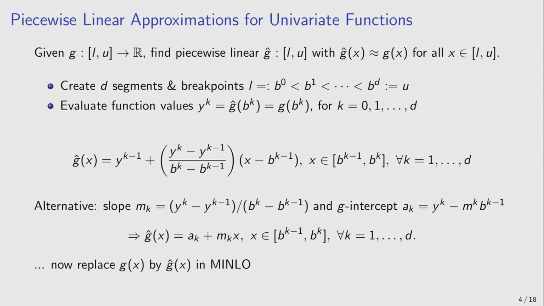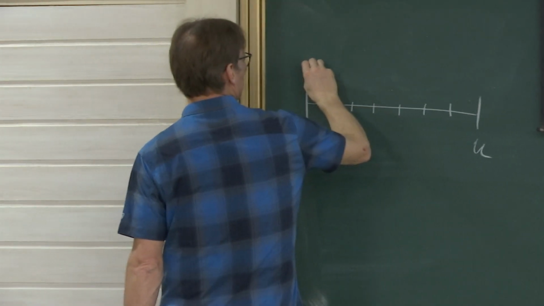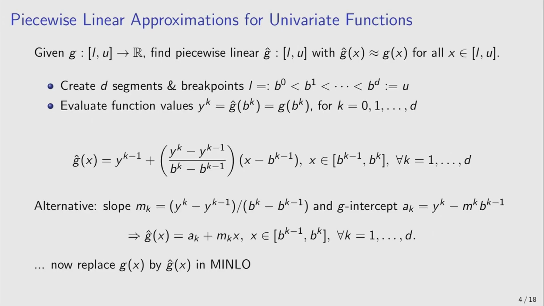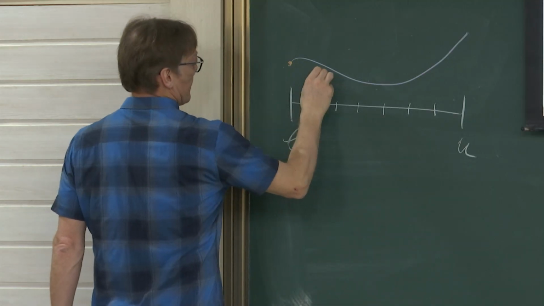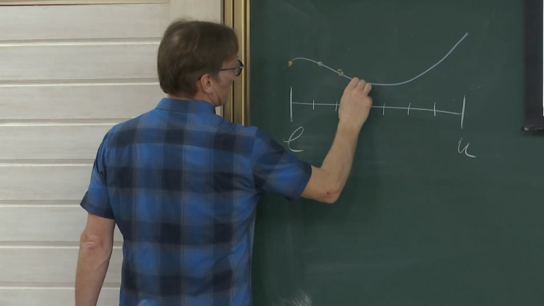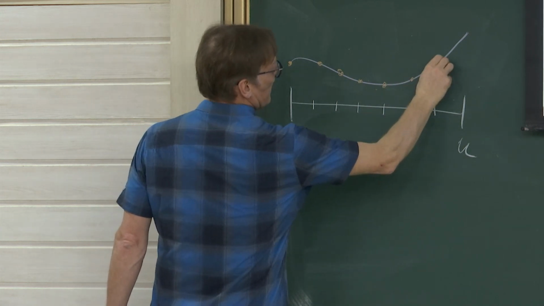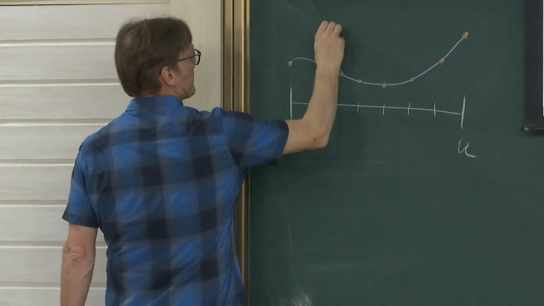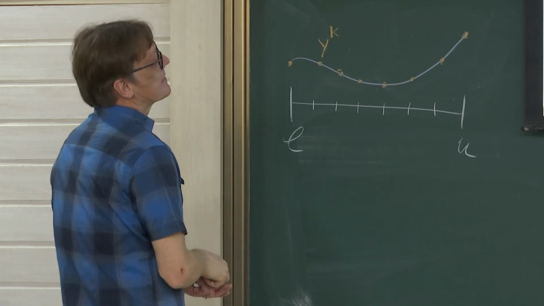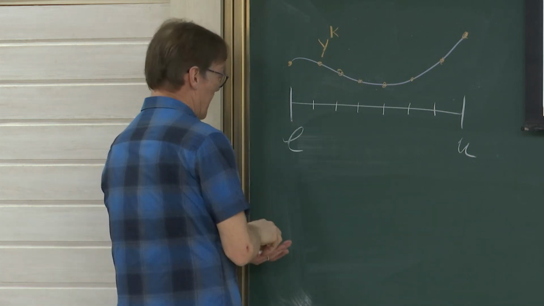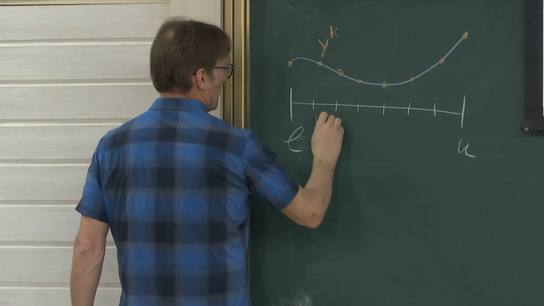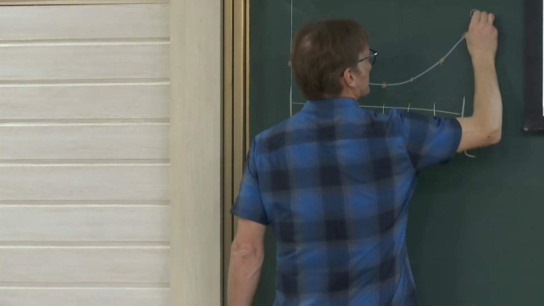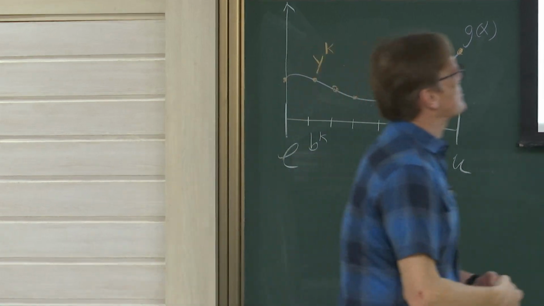So I have a nonlinear function that sits here, and I need to evaluate my nonlinear function at these breakpoints, a finite number of these evaluations. Those values are going to be called y_k, and the breakpoints are going to be called b_k for breakpoints. And that's my nonlinear function g of x here. So that's the picture you should have in mind.